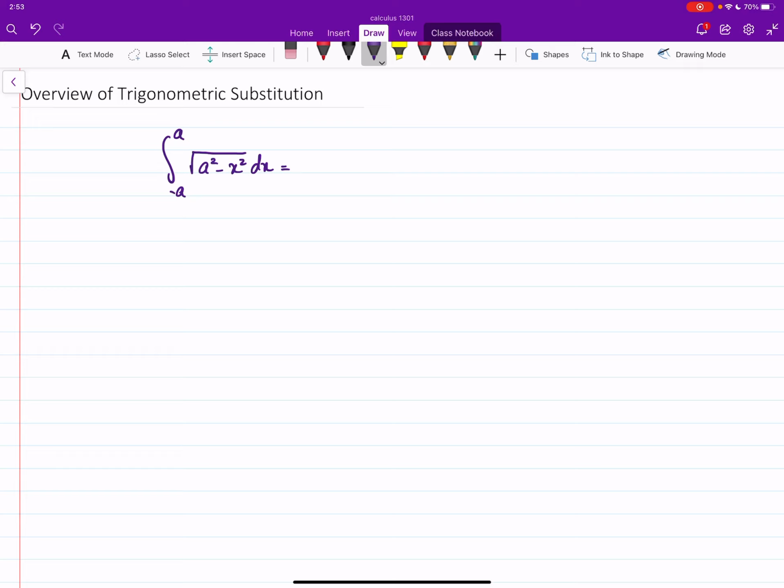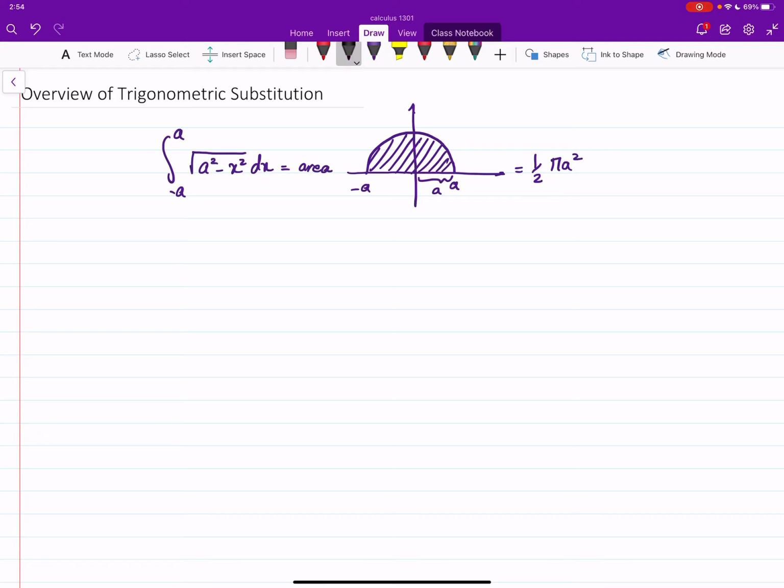The reason was that this is the area under the graph of this function, which is a semicircle of radius a. We have a formula for the area of a circle, so half of that would give us what we are looking for.